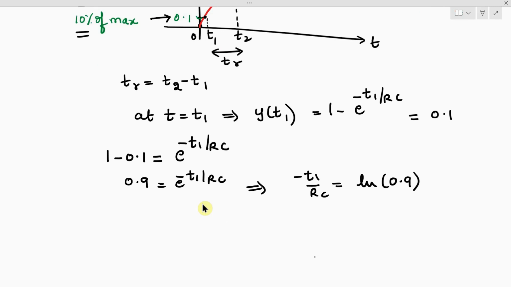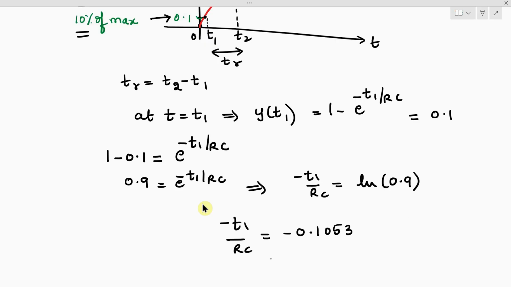Natural logarithm, not log 10, it is ln. ln of 0.9 is minus 0.10536. Right. So minus T1 by RC equals minus 0.1053.